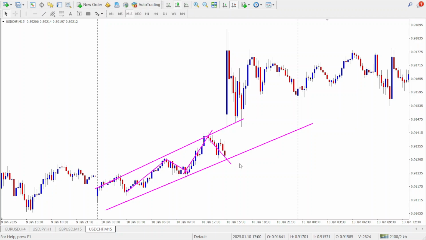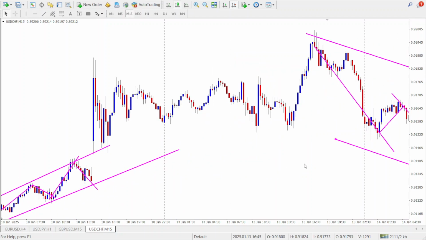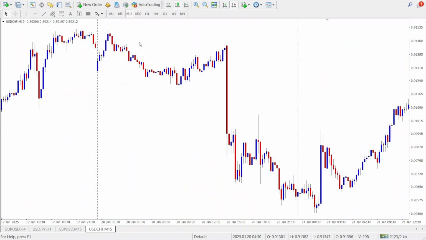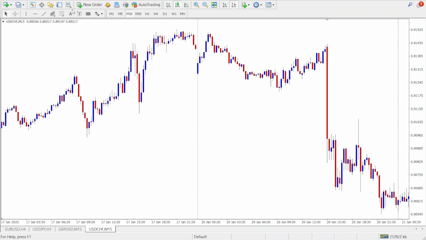On the other hand, a breakout happens when price moves beyond a key support or resistance level with strong momentum. For example, we can see what happened around here.